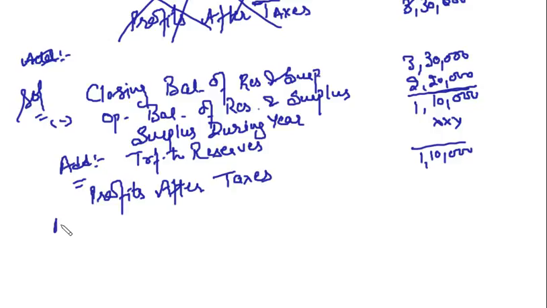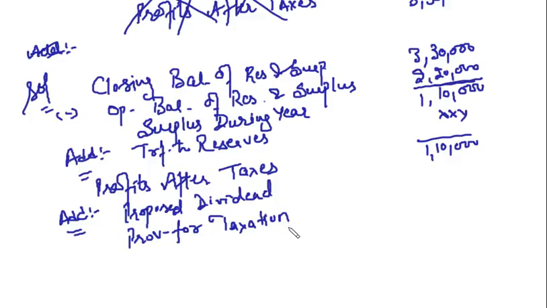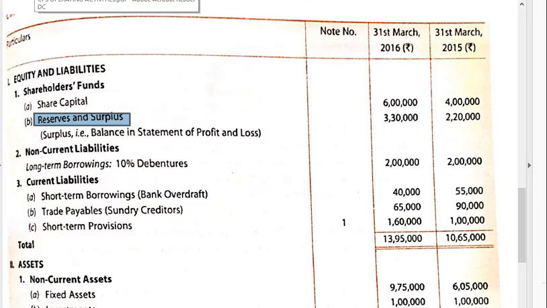Clear? Now what is to be added back? We have two things to add back, that is proposed dividend and provision for taxation. Why are we adding back these? Because both these transactions do not involve the actual cash outflow. Therefore we will add back these.